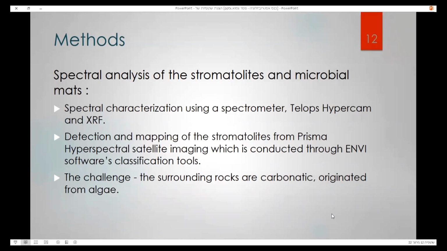And detection and mapping of the stromatolites will be conducted from PRISMA hyperspectral satellite imaging, and will also be conducted through ENVI software's classification tools. And the main challenge is that the surrounding rocks are carbonatic and originated from algae as well.